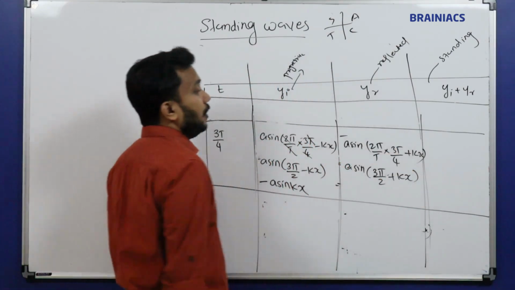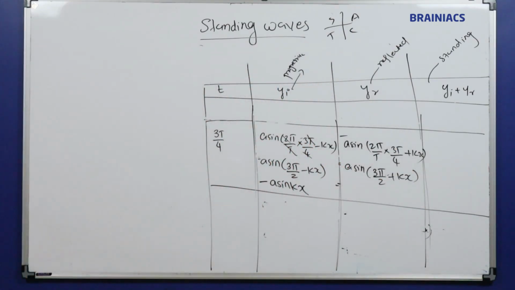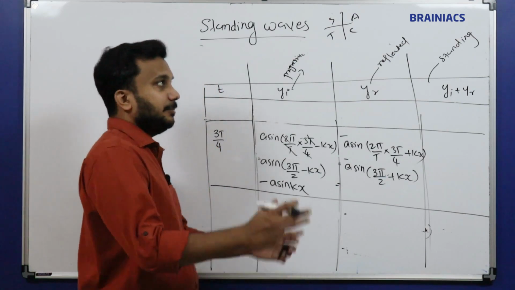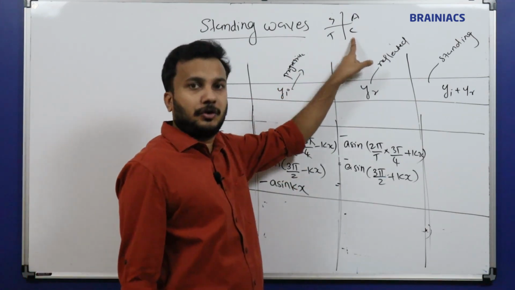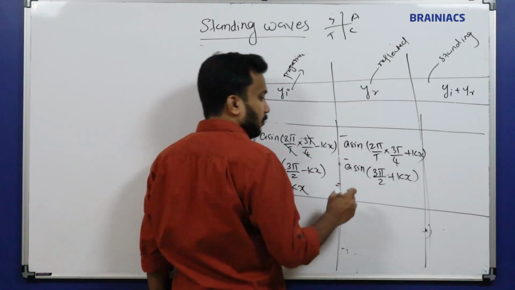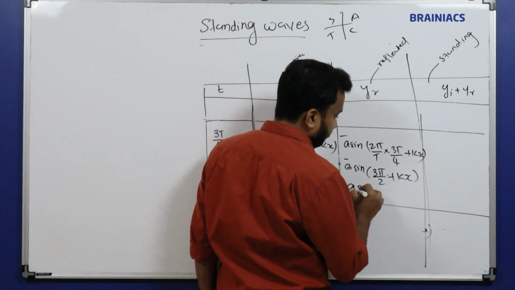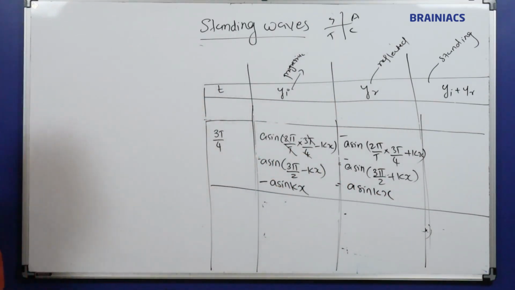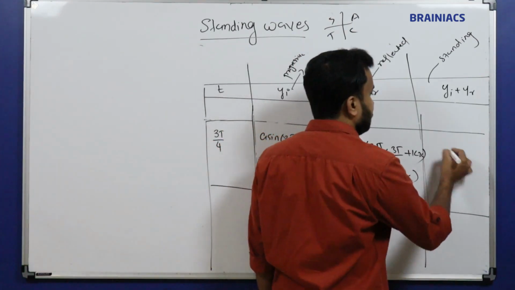Which quadrant is it falling in? Fourth quadrant. Fourth quadrant sine is negative, so already one negative, one more negative gives positive a sin kx. Now these two will add: minus a sin kx plus a sin kx, equal magnitude values, will become 0.